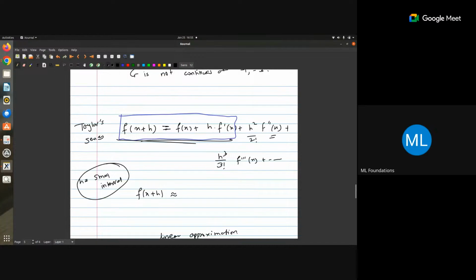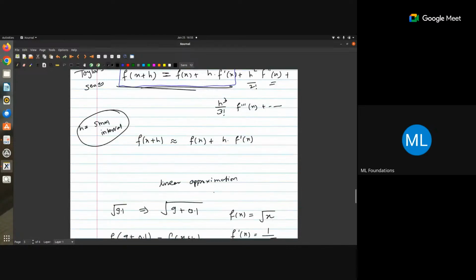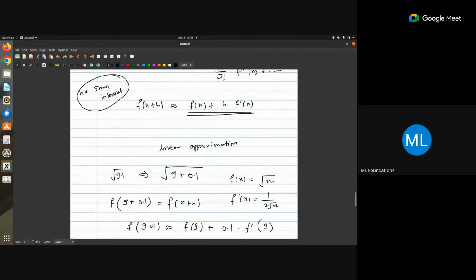We are not equating it, because we are neglecting these terms, so it will be approximately equal to f of x plus h into f dash of x. Here x will be 9 and h will be that small interval, which is 0.1.